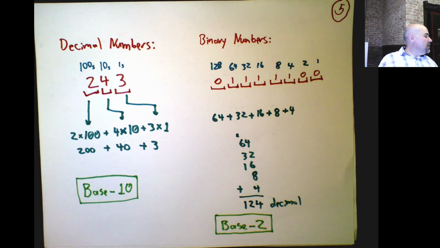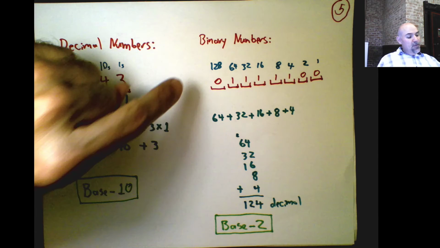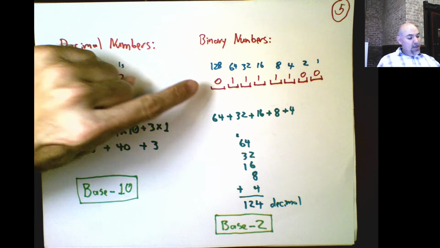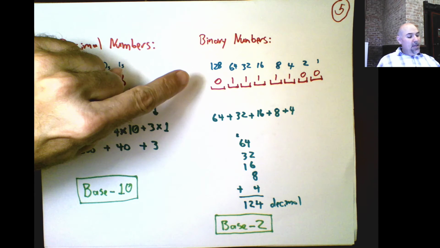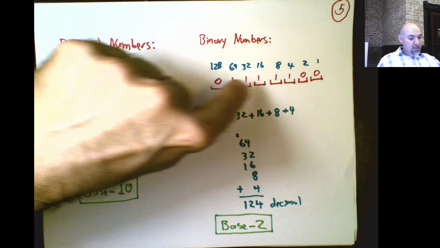Okay, so relatively straightforward. And one of the things that I want to finish up with today, this will be a relatively short lecture, is I want to do one more example of converting from a binary number into a decimal number to show the place values.